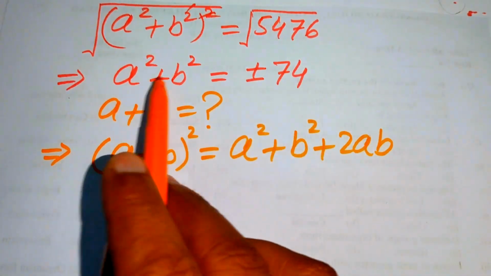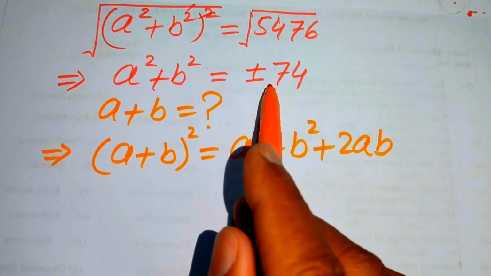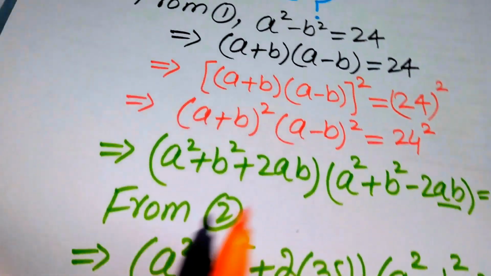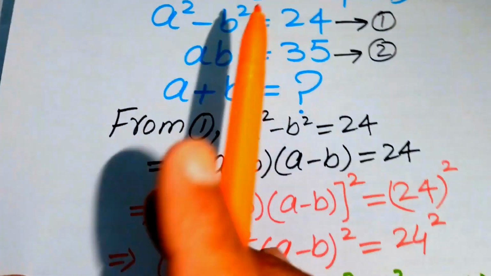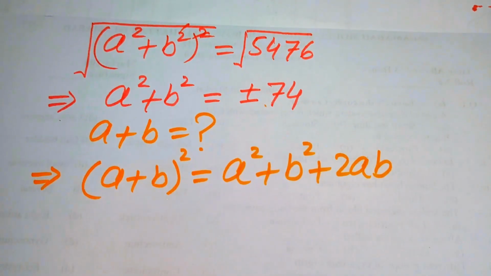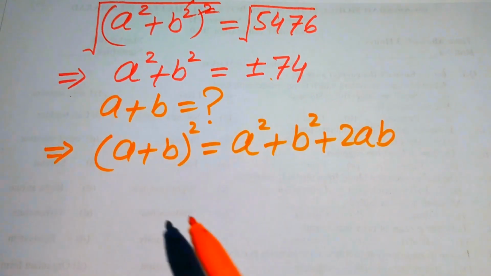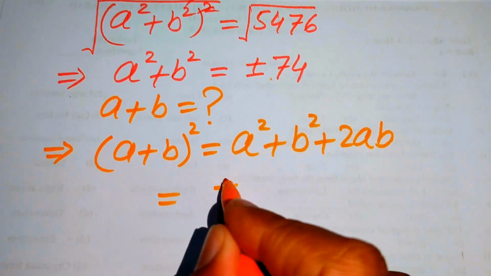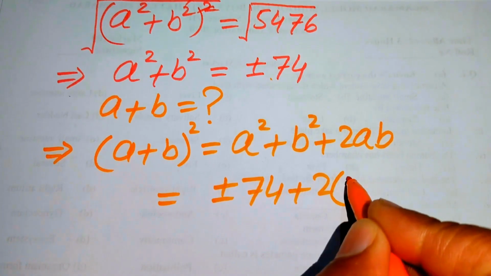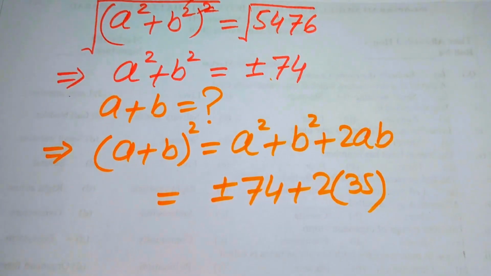We have the value of a² + b² as ±74, and from equation number 2 we have the value of ab as 35. We use these two values and this equation becomes ±74 + 2 times ab, and our ab is 35.